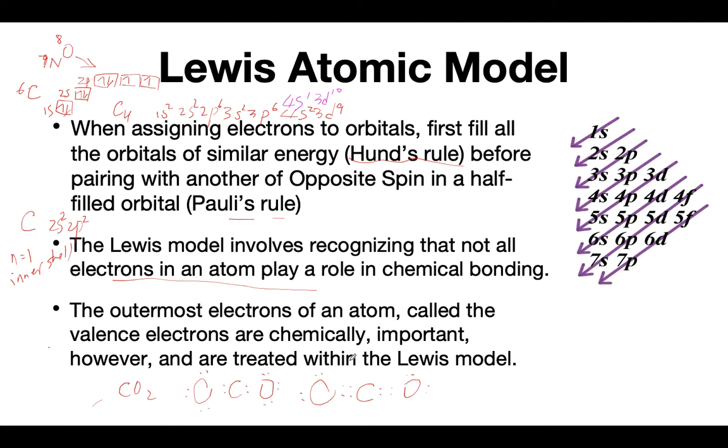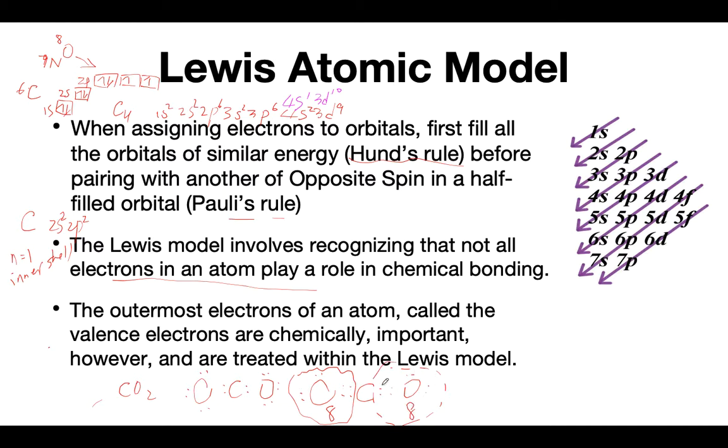Now in this case, you can see each atom is surrounded by 8 electrons. Look at this one. This oxygen has 2, 2, 2, 2, so total 8 electrons. And this oxygen also has 2, 2, 2, 2, so the total is 8.